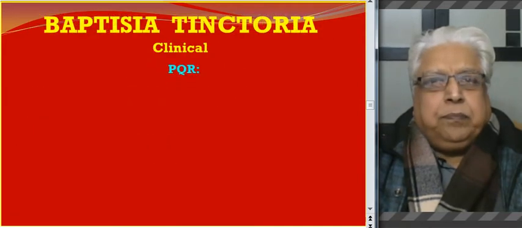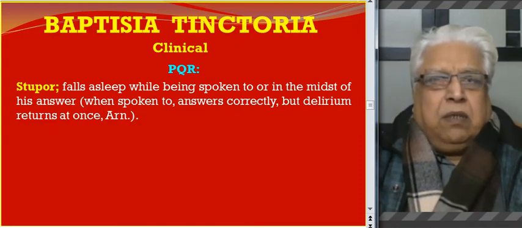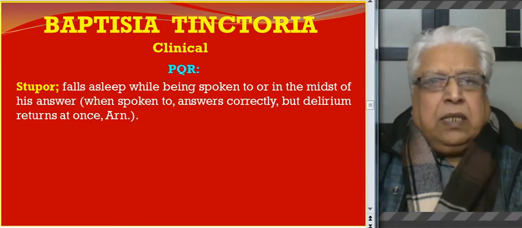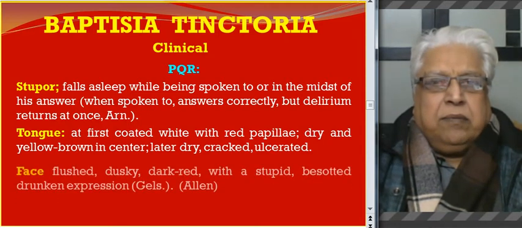Clinical. We have a description of toxemia, which is described by Allen like stupor, falls asleep, being spoken to or in the midst of his answer, tongue at first coated white with red papillae, dry and yellow-brown in center. Later on it becomes dry, cracked and ulcerated.